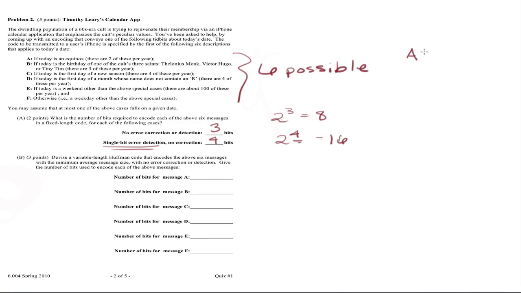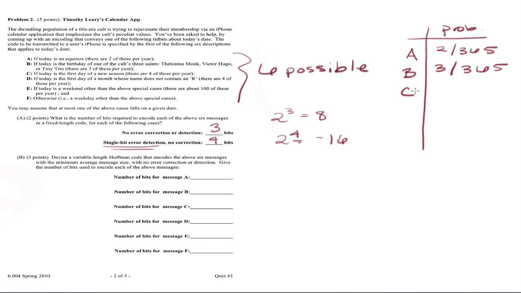So the probability of A, we're going to do our probabilities. The probability of A is 2 out of 365. Right? Now what's B? If today is the birthday, so there's 3 birthdays of a cult saint per year, so it's 3 out of 365.